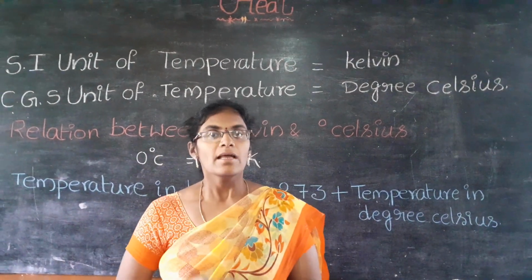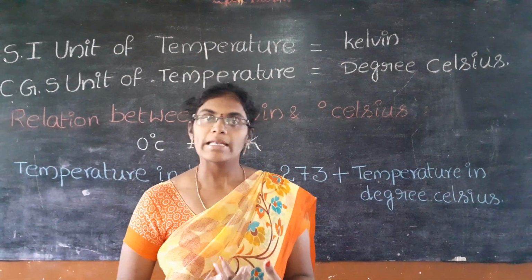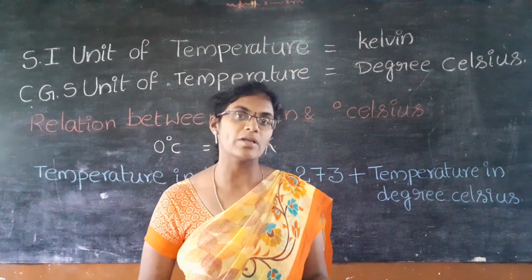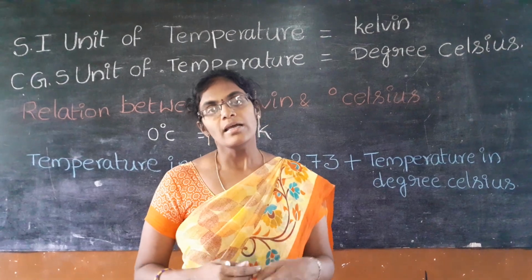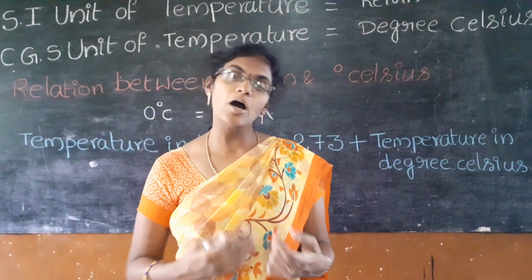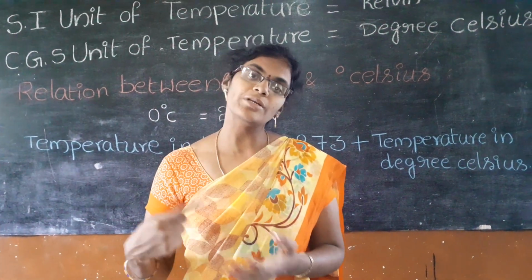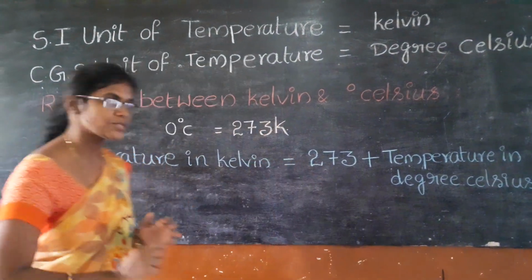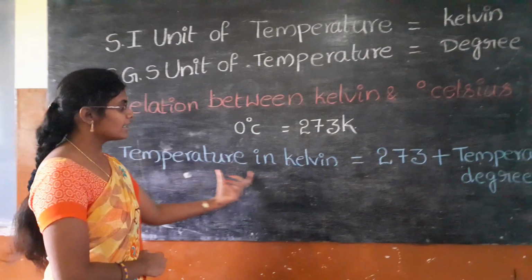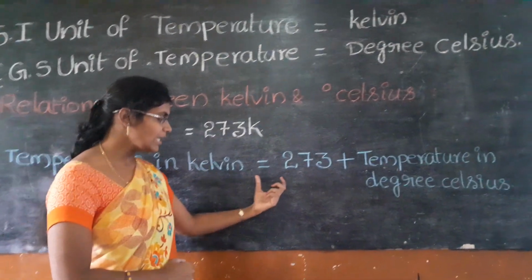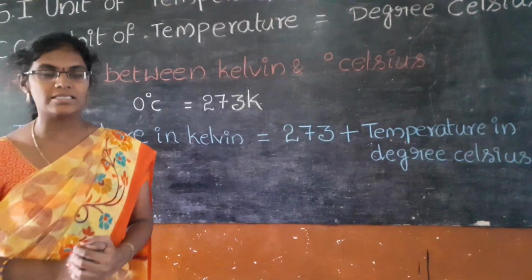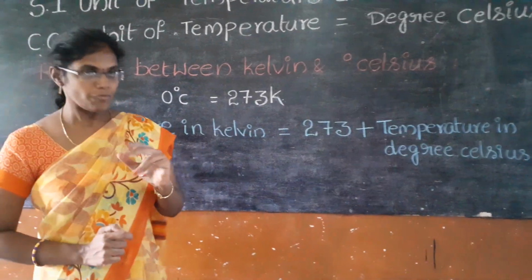If we have the temperature in degree Celsius, how do we convert it into Kelvin? And if you have Kelvins, how do you convert the temperature into degree Celsius? For this we have a small formula: temperature in Kelvin is equal to 273 plus temperature in degree Celsius. I will explain this with one or two examples.